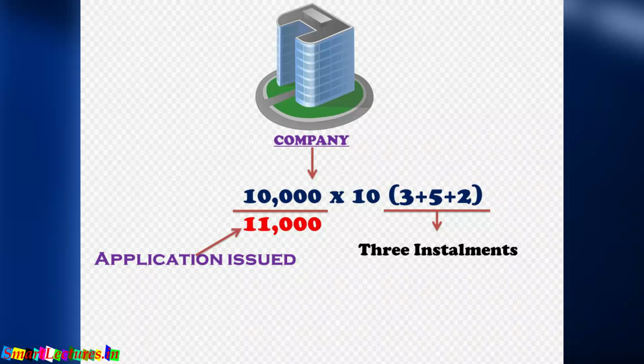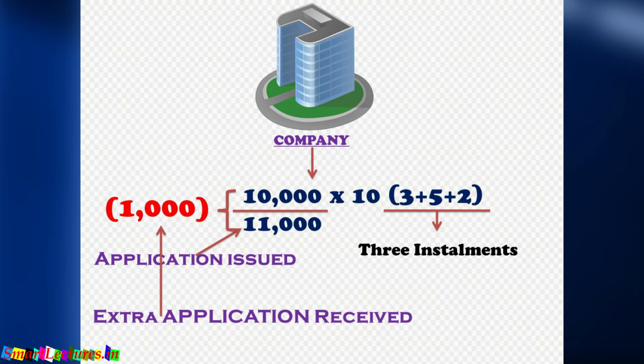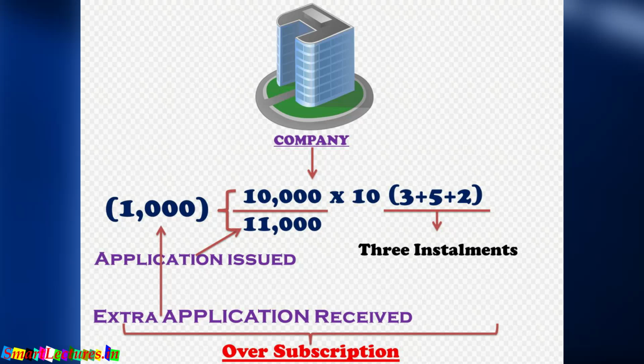One thing is clear: the company has received applications for an extra 1,000 shares. This is called oversubscription. Oversubscription means when the company receives applications for more than offered or issued shares.